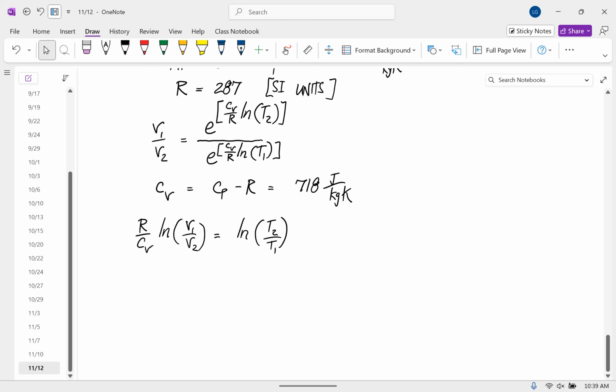And now we'll take both sides as powers of E. So we have E to the natural log T2 over T1 is equal to E to the power of R over Cv natural log V1 over V2.